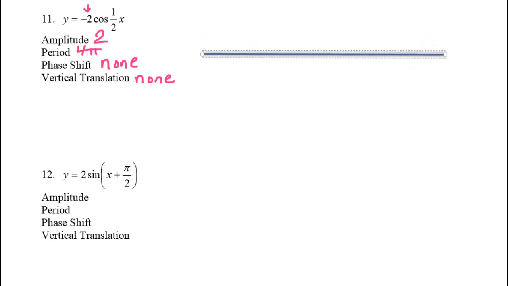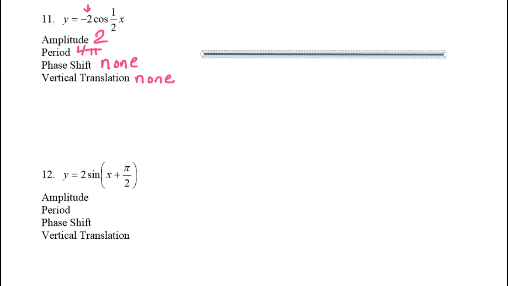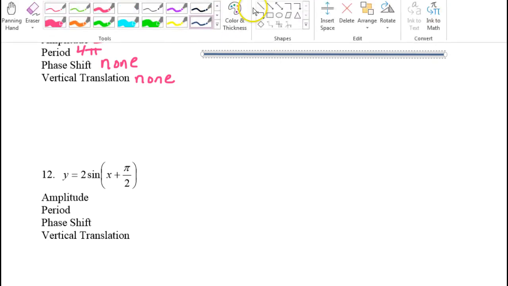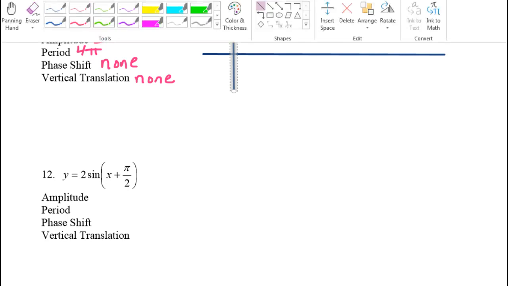Okay, so there's my x-axis, and might as well go ahead and draw the y-axis too. Since there's no phase shift or anything, nothing crazy is going to happen. All right, so I have my x-axis and my y-axis.